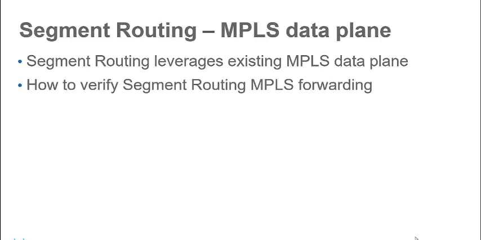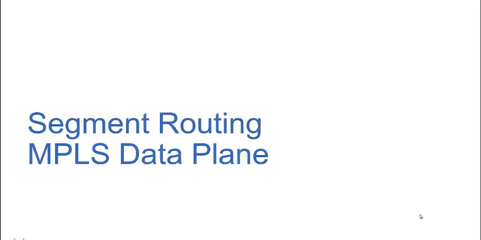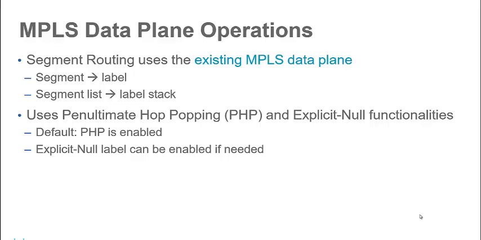And also we are going to see how to verify the segment routing MPLS forwarding table. MPLS data plane operations: segment routing uses the existing MPLS data plane, where we call it a segment instead of a label, and instead of calling it a label stack, we call it a segment list.